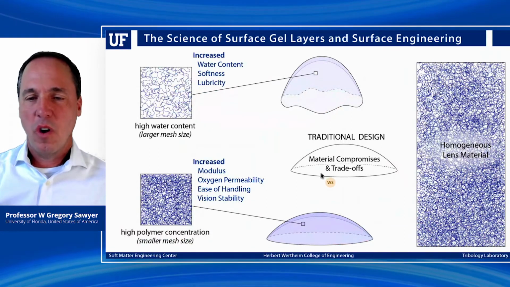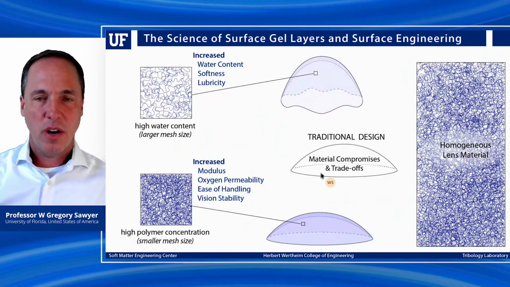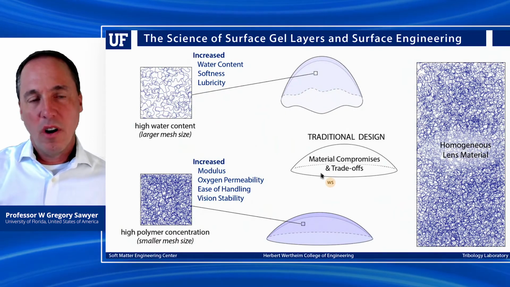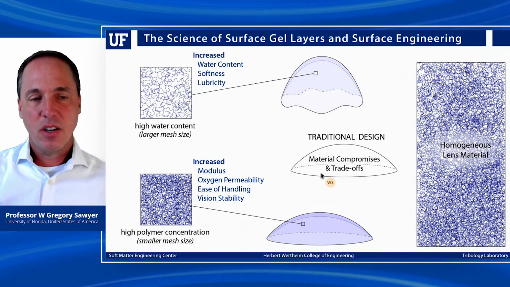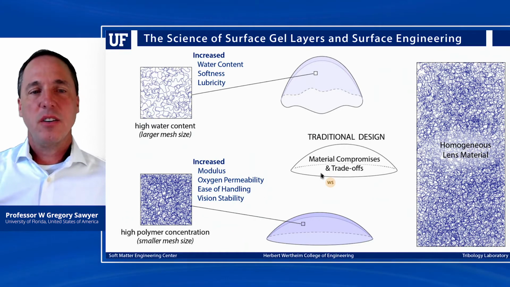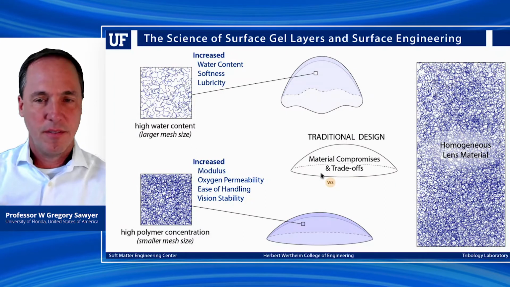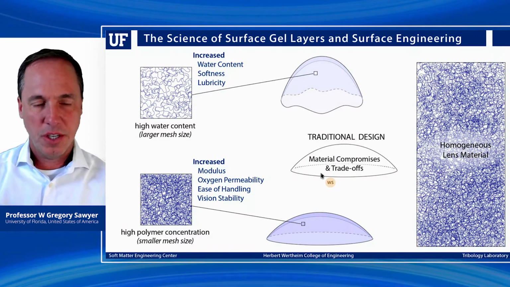Traditional design with a homogeneous lens material is one of compromises and trade-offs. We know from polymer physics that increasing the water content increases the mesh size, increases the softness, and increases the lubricity of those gels, those aqueous gels.